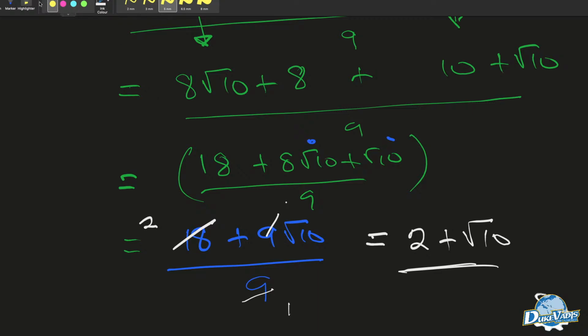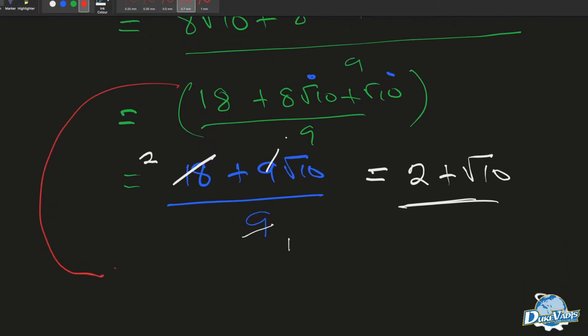Well, let me explain it further for you to understand what I mean by that. We did something before. Let me bring it this way so that we can use it to do our explanation.